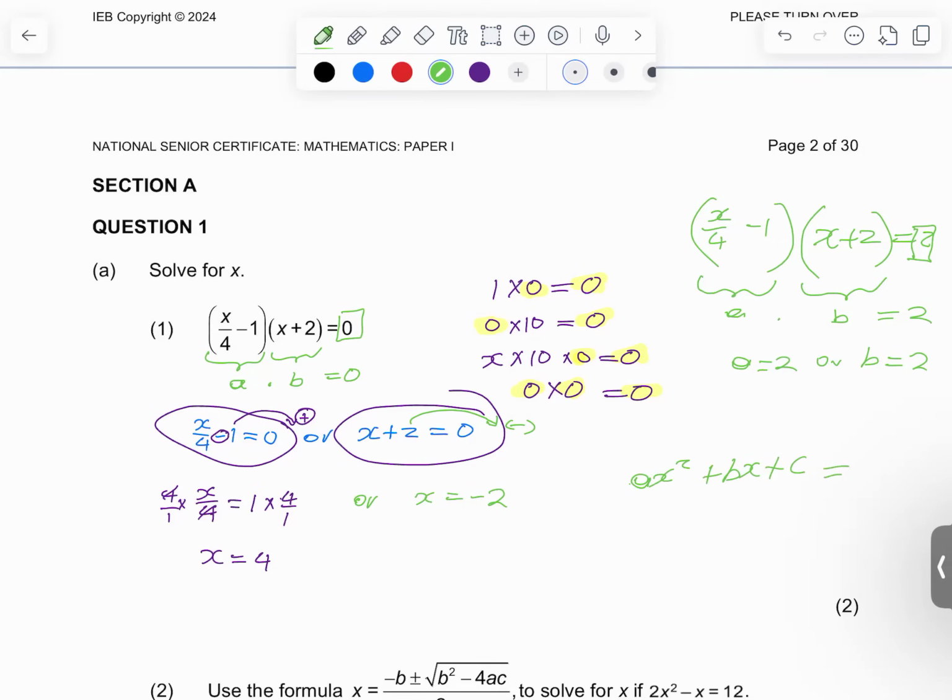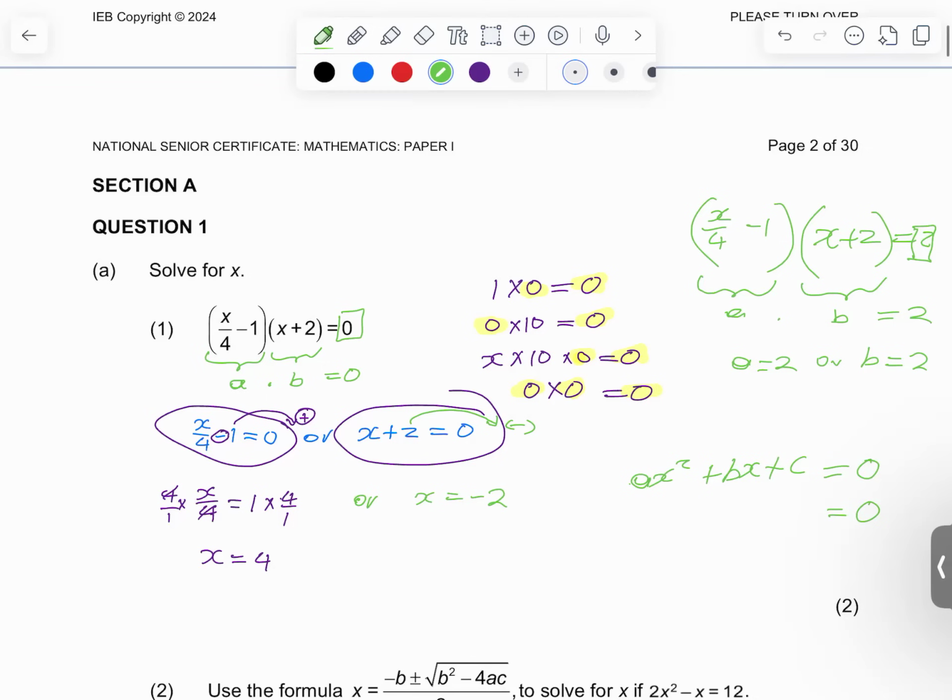Once you have written it in this standard form, you can now factorize. If you can factorize, which is what was already done for us here, whatever you have on the right-hand side must be 0. And once you have factorized, you can solve for x. But if you can't factorize, you have to use the quadratic formula.